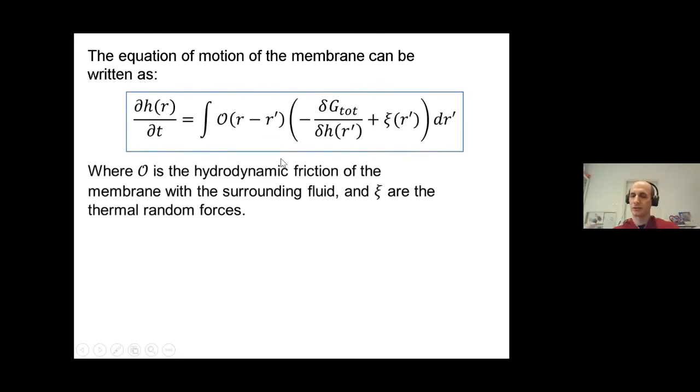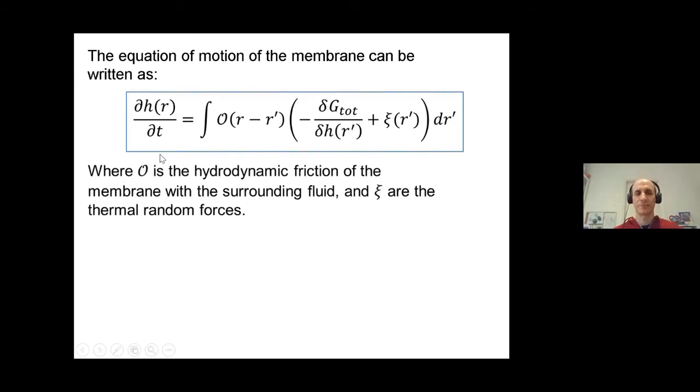Now, why are we actually integrating over the entire surface, and what is this strange sign that is given here? We're integrating over the entire surface of the membrane because, in fact, the displacement of the membrane in one place can be affected by forces that are moving the membrane in another location, and that is because of hydrodynamics. The membrane is embedded in a fluid, and whenever you need to move the membrane, you have to actually push the fluid in front of you, and a fluid behind you has to fill in the empty space.